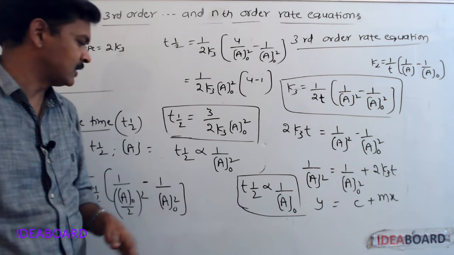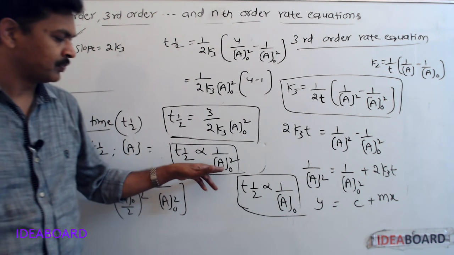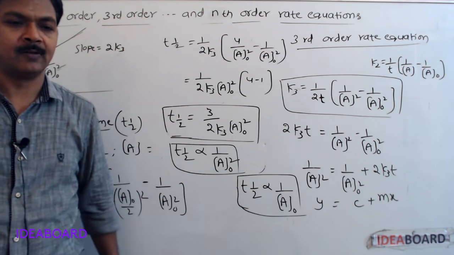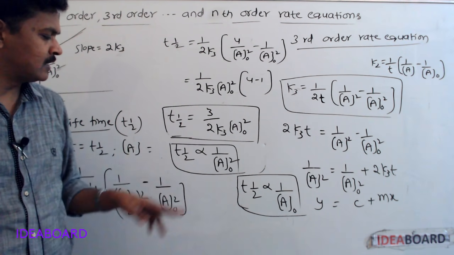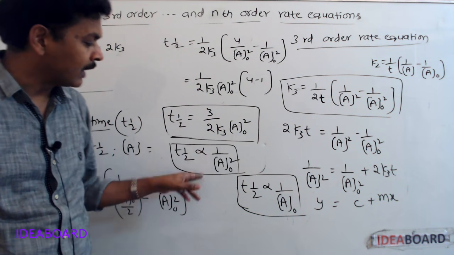For third order reactions, half lifetime is inversely proportional to the square of the initial concentration.